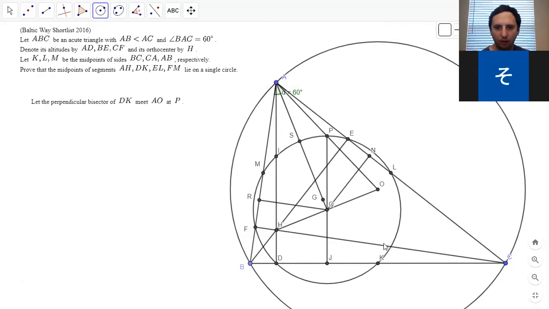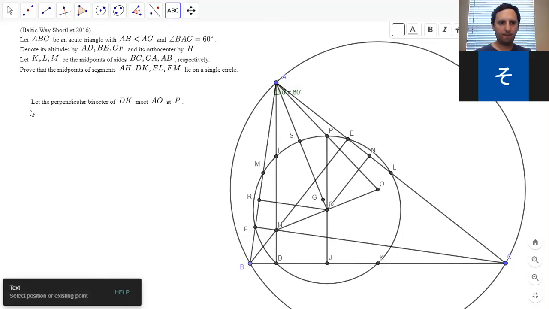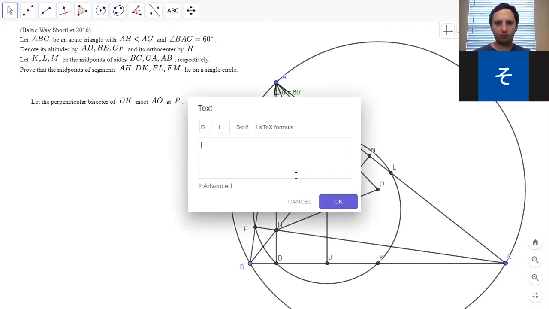I think that's obvious because AH is equal to AO. So AH, yeah. So we have AH is equal to 2OK, which is equal to OB, which is equal to OA.